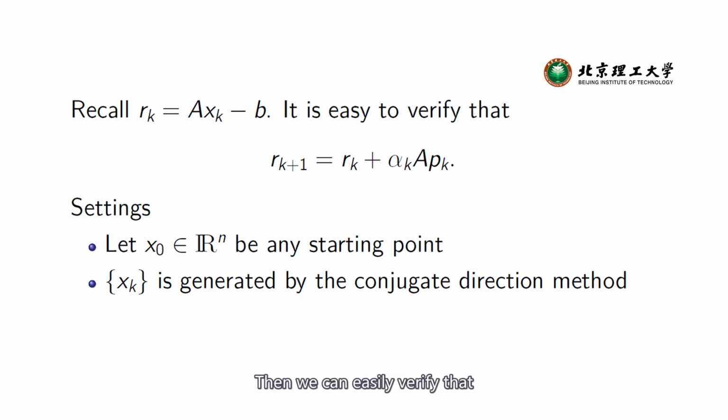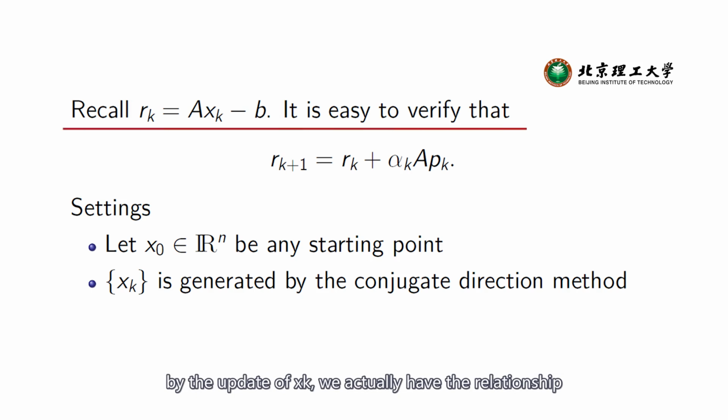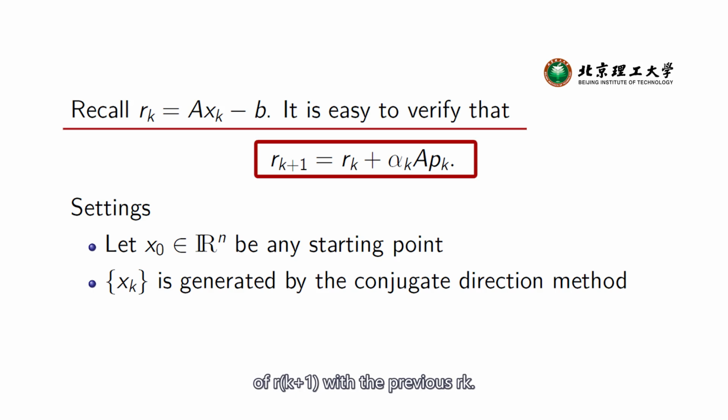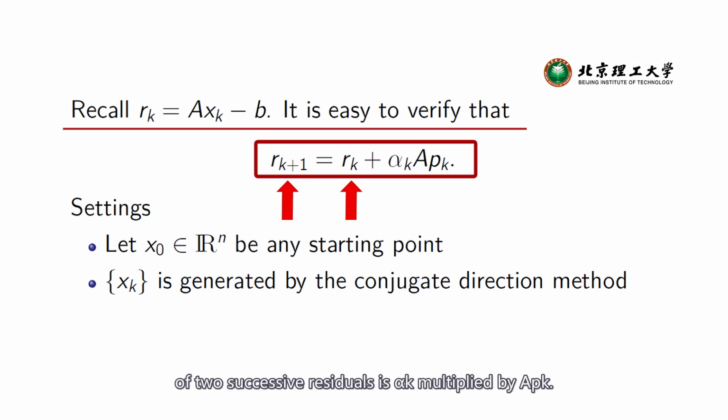Then we can easily verify that by the update of xk, we have the relationship between r_{k+1} and the previous rk: the difference of two successive residuals is alpha k multiplied by A pk. This is the residual update.